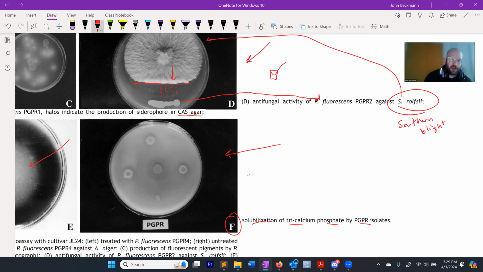And so what you can see is that when they spot out some of the PGPRs on this plate, this one has a clearer region of the media. Here, there's a clearer region right around as well, here as well. This one probably not so much. So this one is probably not solubilizing the calcium phosphate.